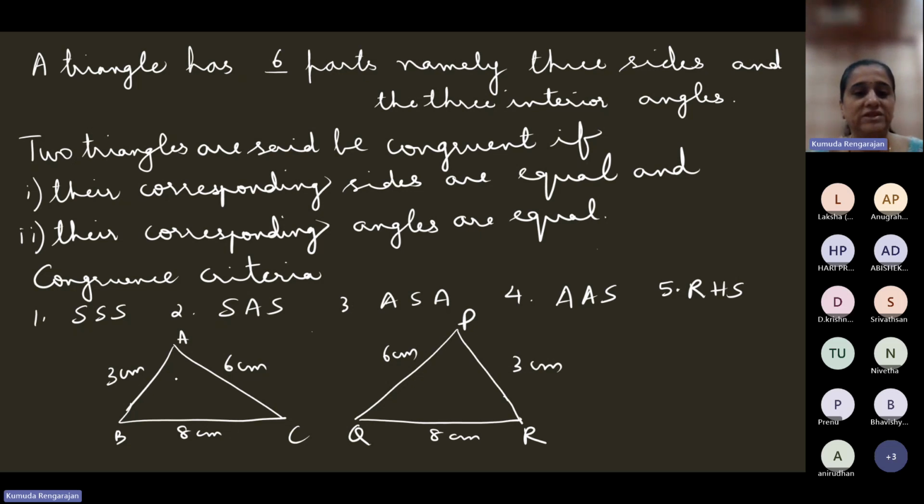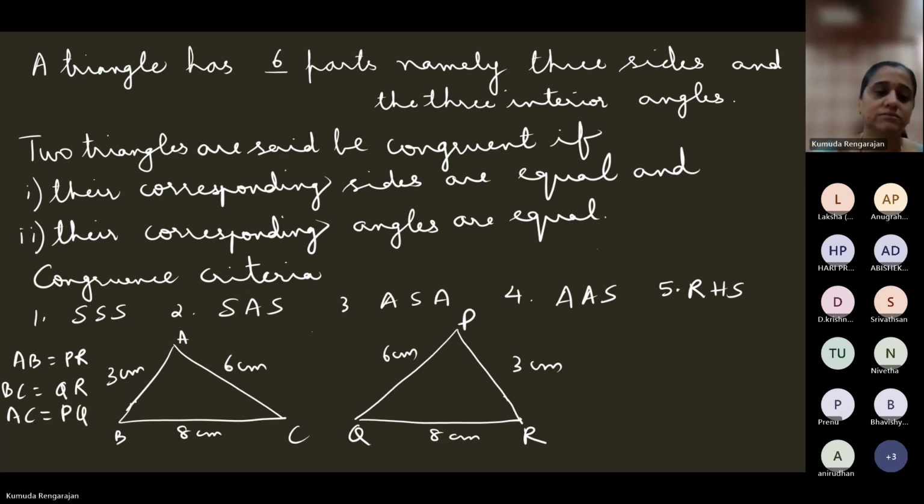Okay, so what do we see in the two triangles? AB of triangle ABC is equal to PR of triangle PQR. Then BC of triangle ABC is equal to QR of triangle PQR. And AC of triangle ABC is equal to PQ of triangle PQR.